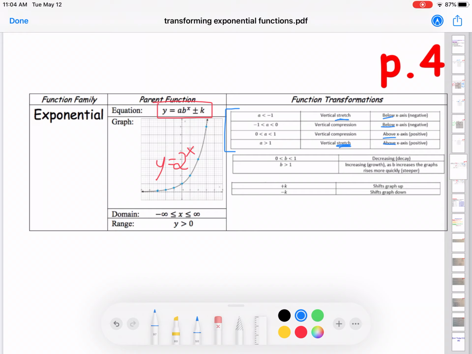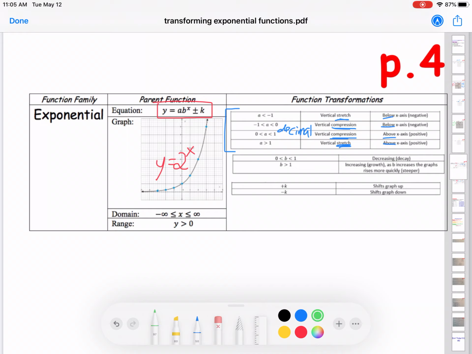But if our number is between 0 and 1 or 0 and -1, meaning like a small decimal number, that's going to compress our graph. And that means I kind of smush it down, it becomes a bit wider. So again, our a value can either move the graph above or below the x-axis, or it can change how steep or stretched out the graph is.